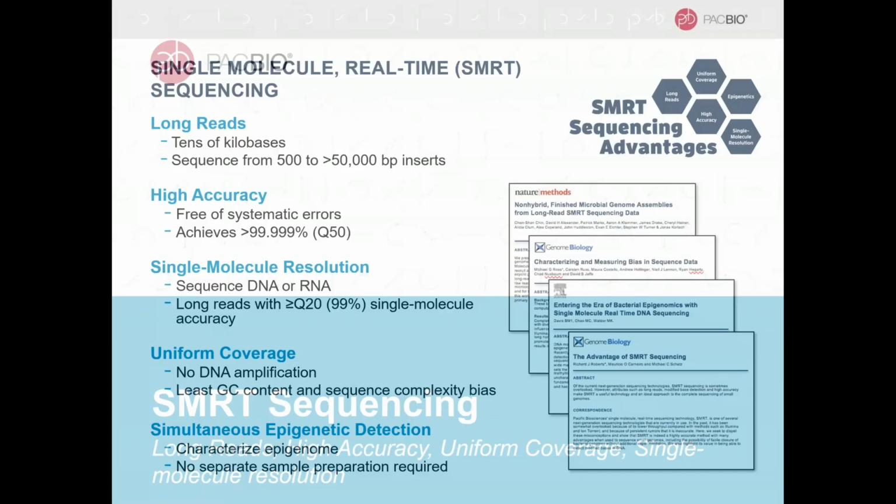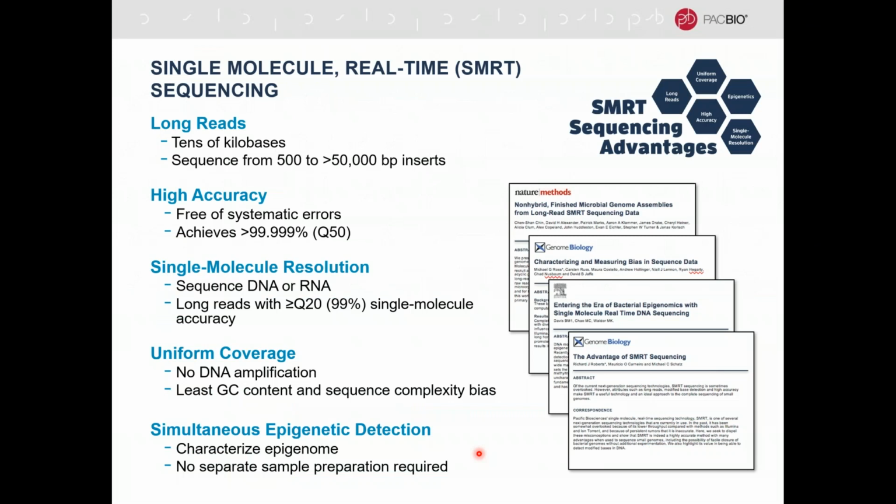So looking at the big picture, what can single molecule real time, which is SMRT sequencing, do for you? We characterize our SMRT sequencing by having long reads, and by long reads, we mean tens of kilobases of read length.